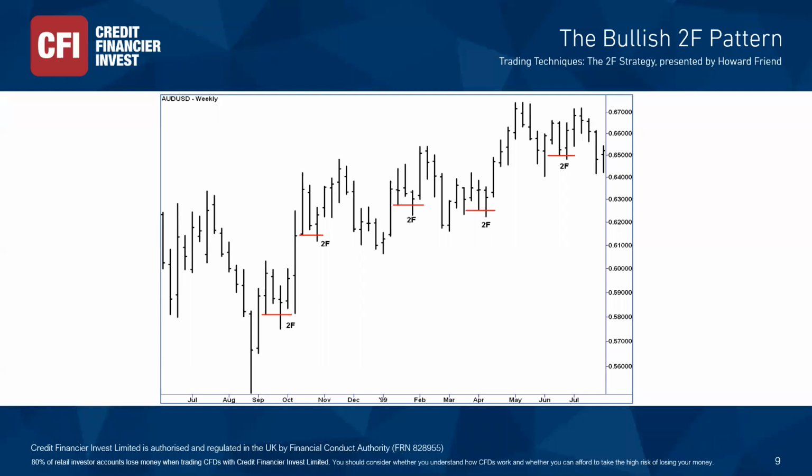So you can certainly use 2F on intraday charts, but I would say that it's a lot better used on daily and maybe weekly charts. What we want to do is, number one, identify the trend or momentum of the market. And once we've done that, we're then looking for a corrective pullback.